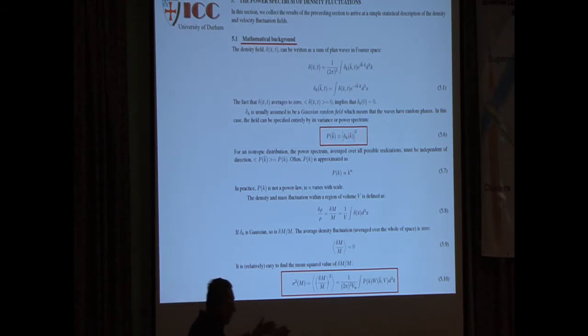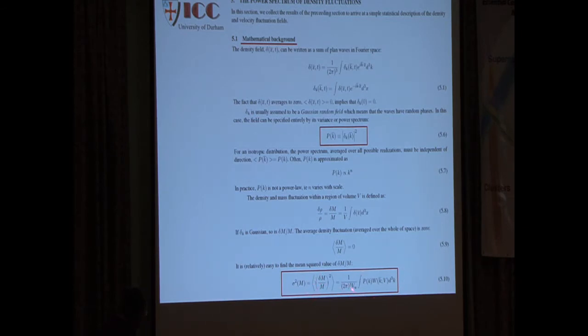Now, if you are looking at a region of space and you have waves of many wavelengths or frequencies contributing to the density perturbation there, and you want to know what is the total amplitude of the mass perturbation in some region, then you have to do an integral over the power spectrum multiplied by a window function. And this quantity is the mean squared value of the fractional perturbation in mass, so (delta M over M) squared.